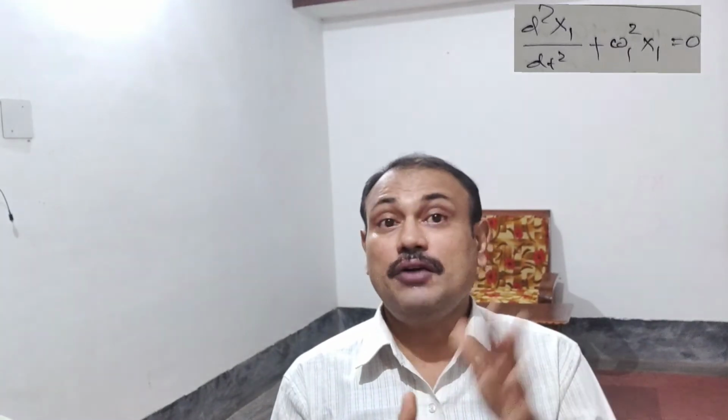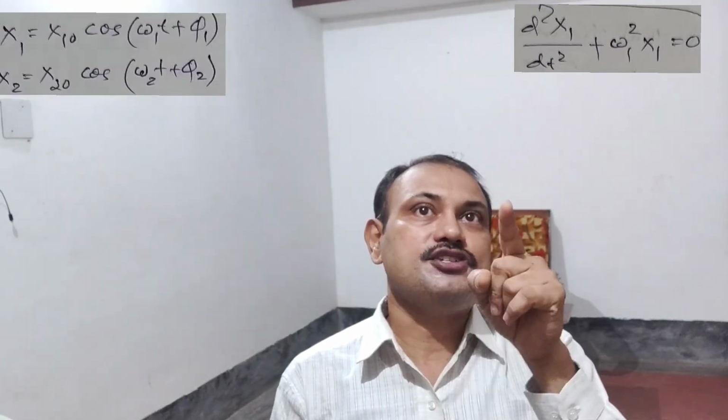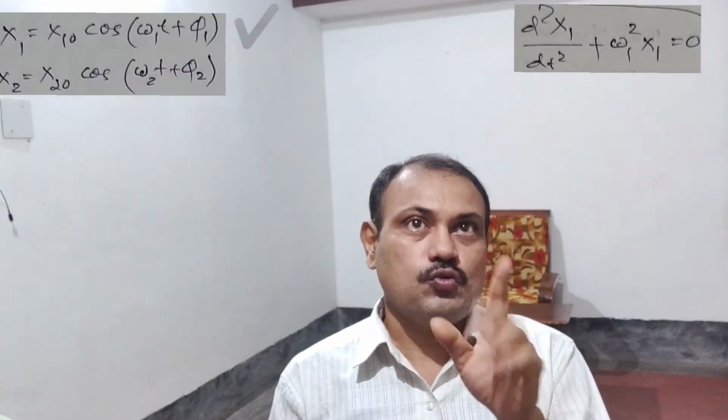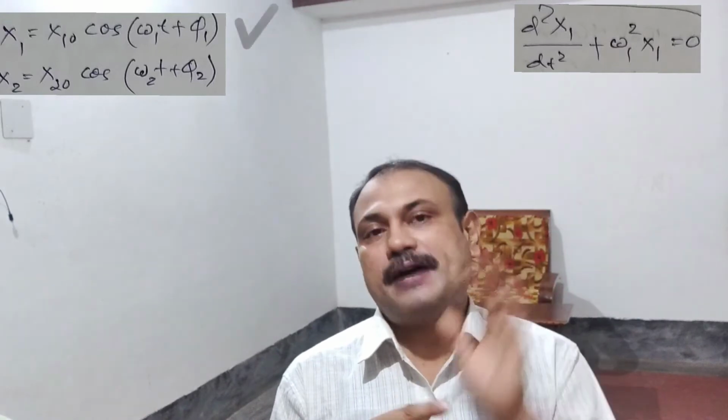Now here we will select the cosine terms. You can try sine terms yourself also. So we can write the solution for capital X1 as capital X1 is equal to capital X10 cos of omega 1 t plus phi 1.